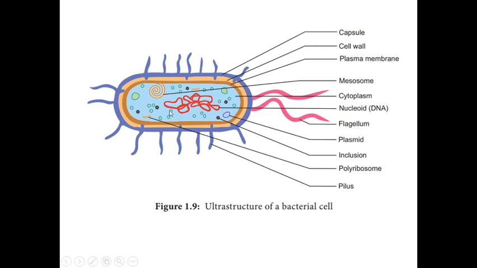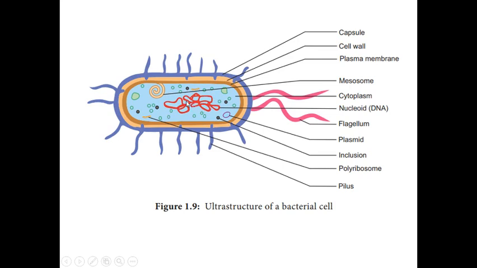Now you can see in the cytoplasm, this one is the chromosomal DNA, or we can say the bacterial DNA, and it is not surrounded by a nuclear membrane, and that's why this chromosomal DNA is known as a nucleoid.